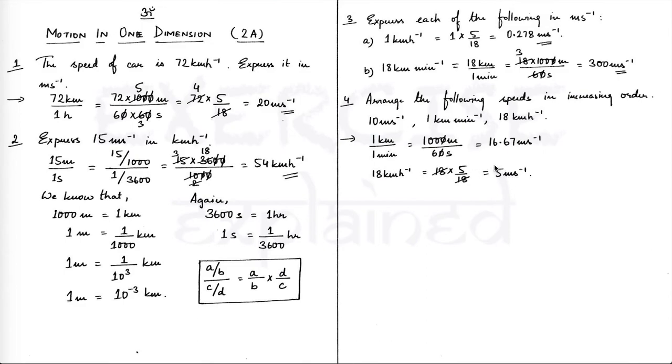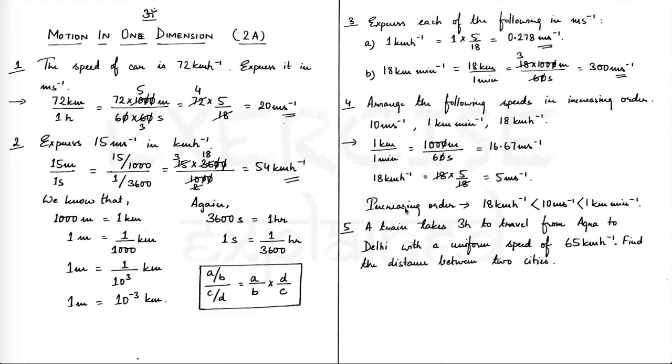Now we just need to arrange them in increasing order. You can already see 5 meter per second is the lowest, followed by 10 meter per second, and the largest here is 16.67 meter per second. So the increasing order is 18 kilometer per hour less than 10 meter per second less than 1 kilometer per minute.